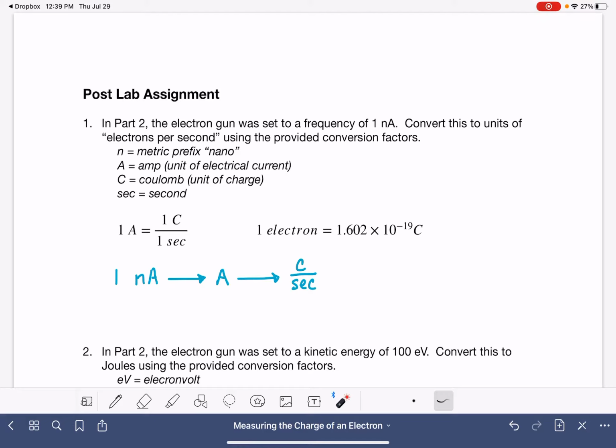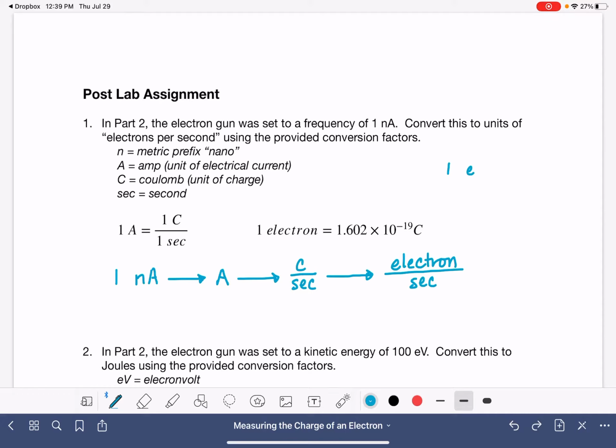And then the next thing that you're going to do is convert from coulombs per second into electrons per second. And this one is going to involve a little bit of math. The conversion factor that you need is right here. This gives you the relationship between coulombs and electrons. So you're going to take this equality and use that to set up a conversion factor.